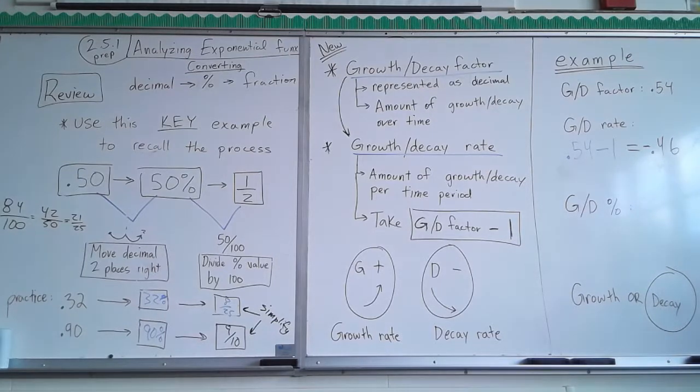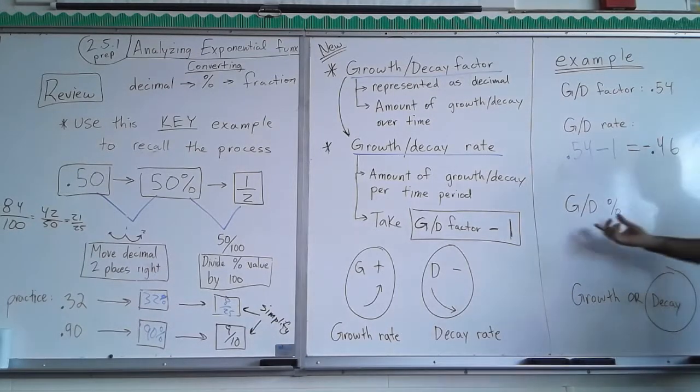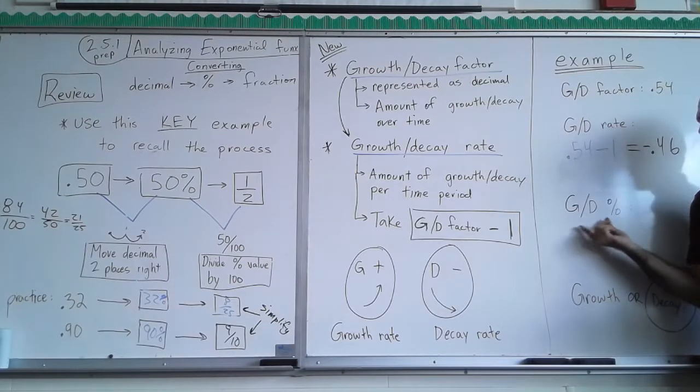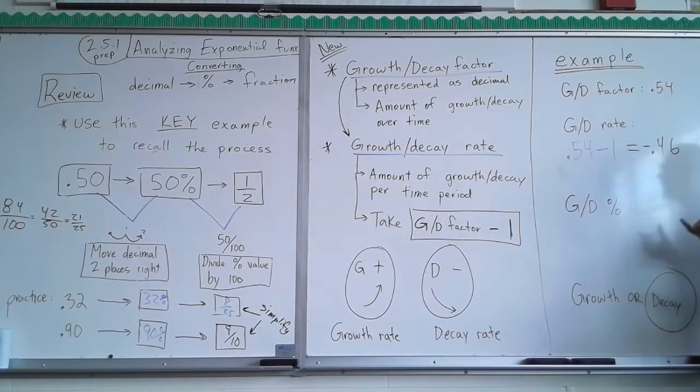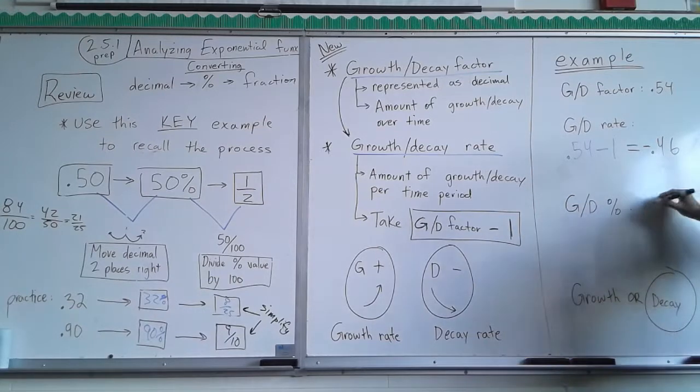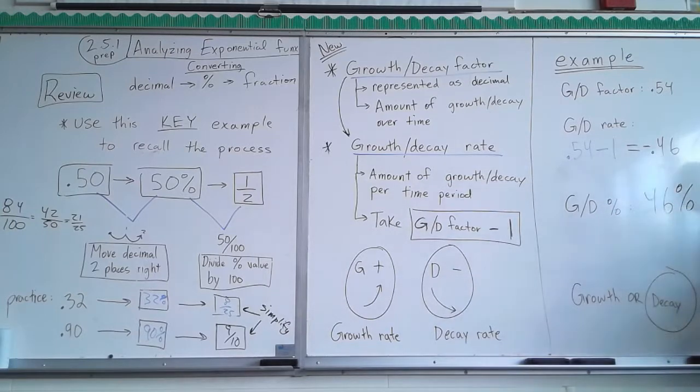And then if we're looking at the growth decay percentage, this value is going to be completely connected to if it's decay or growth. So we're not going to put this negative value in here. We're going to just convert this to a percentage, 46%. So from this, I was given the growth decay factor.